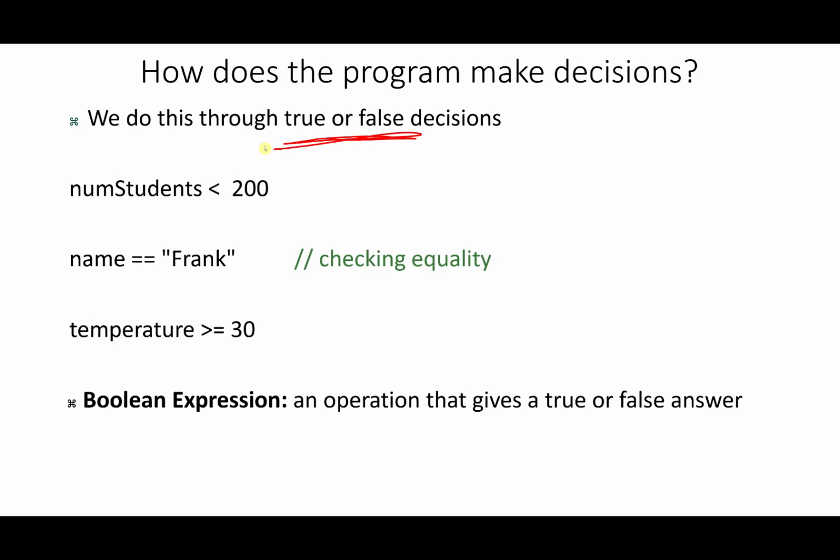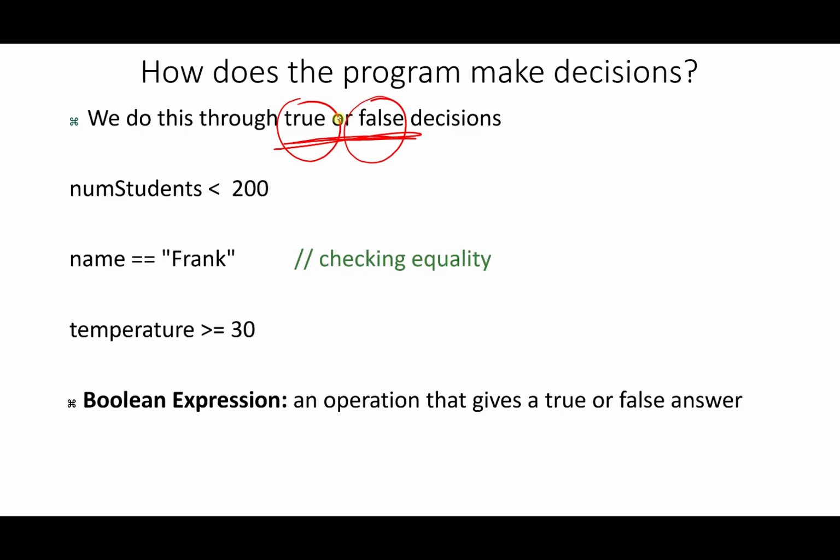It's like when I ask you, is the number of my students in my 2 sessions of CS 131 less than 200? Now, the answer to that is either yes, which is represented by true, or no, which is represented by false.